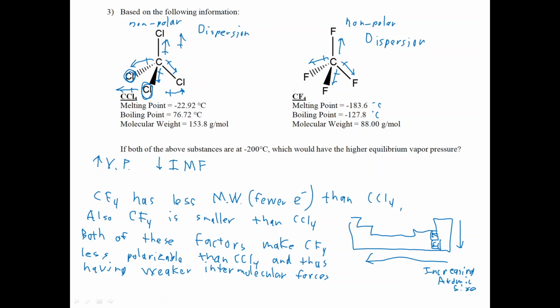All right, and since it has weaker intermolecular forces, this means that CF4 will have the higher vapor pressure.